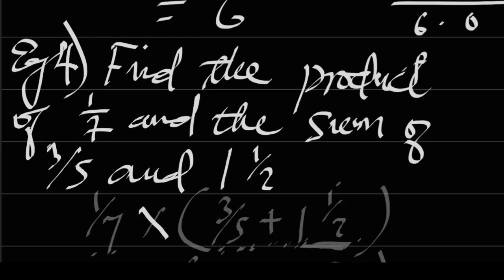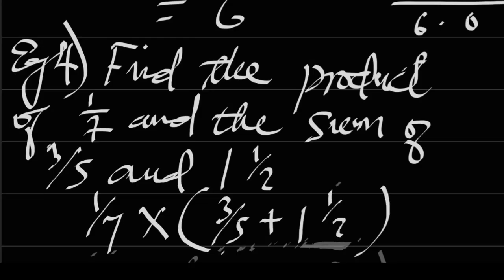Find the product of 1 over 7. Product is multiplication, and the sum of 3 over 5 and one whole number 1 over 2.